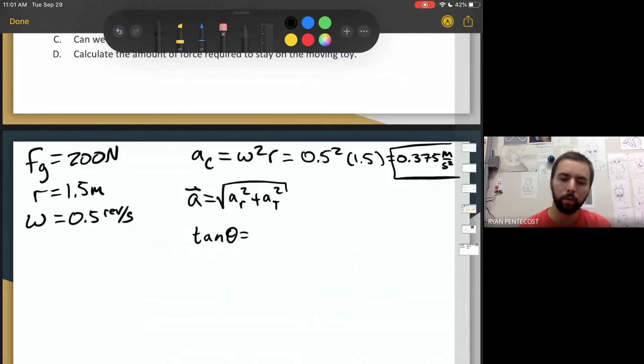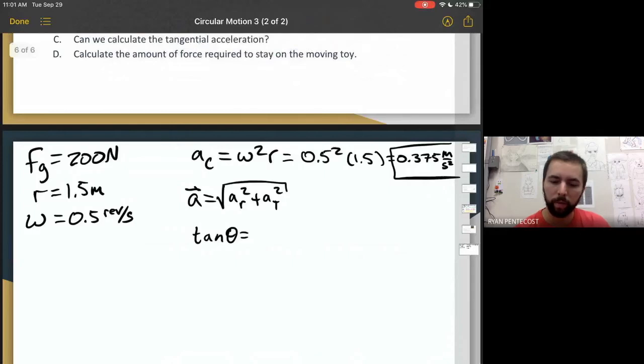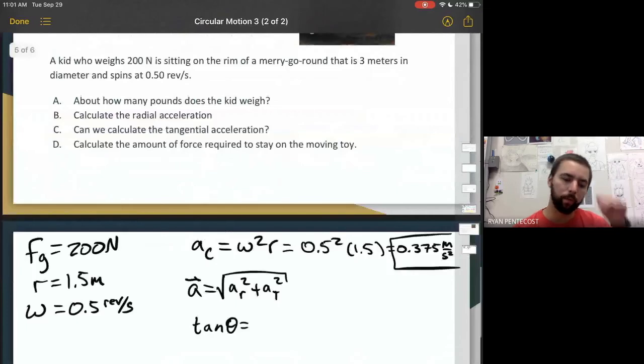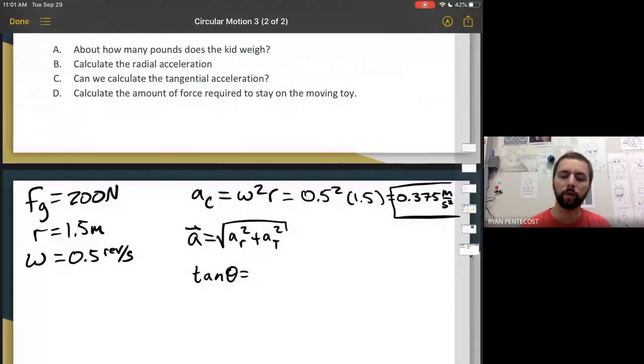It doesn't look like we will be able to calculate tangential acceleration. We just don't have enough information, which is not uncommon. Sometimes you just can't calculate tangential acceleration because, like I said, centripetal gets all of the fame and glory, radial and centripetal. So you won't be able to calculate tangential all the time.